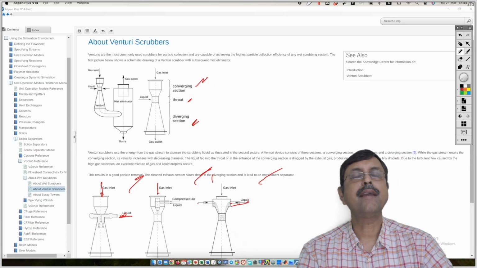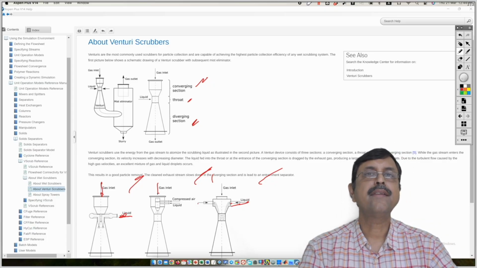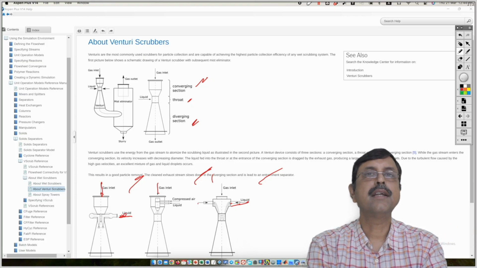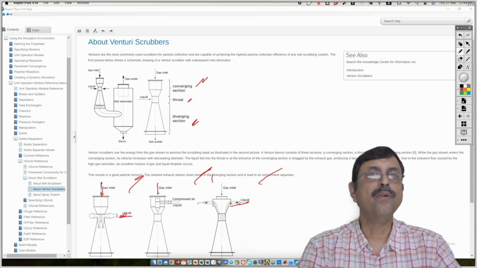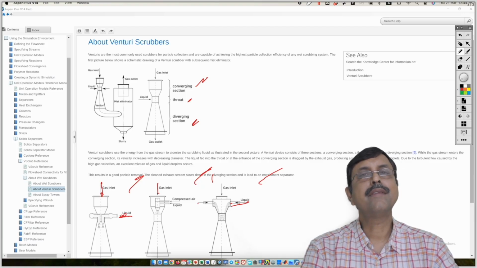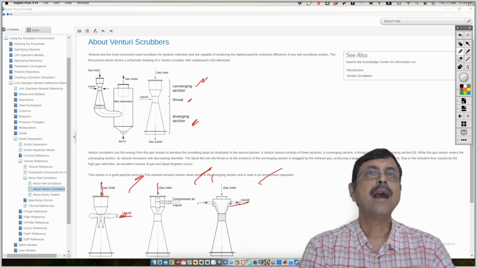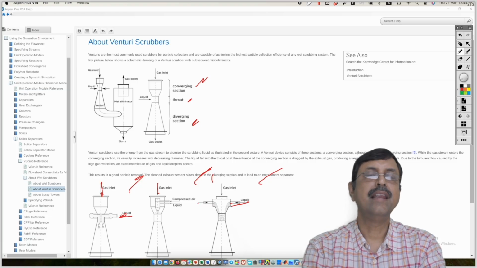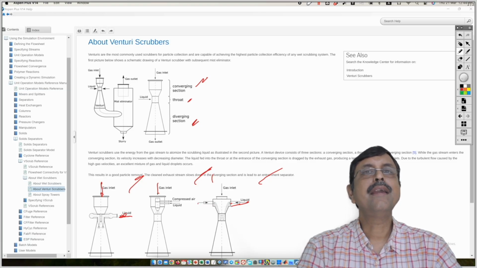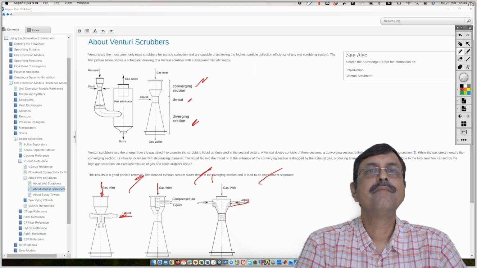In all three cases, when the gas phase goes through the converging section of the Venturi, its velocity increases manifold. And the liquid is also pushed in the Venturi section, thereby high turbulence is created between the gas phase and liquid phase, thereby the particulate matter gets arrested by the liquid phase.